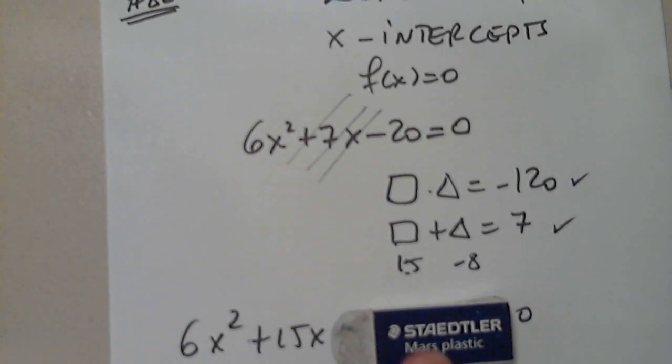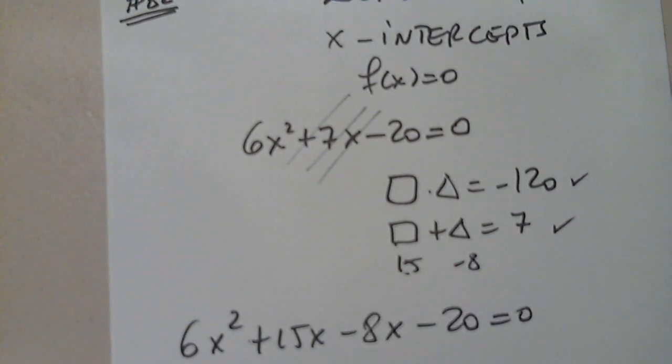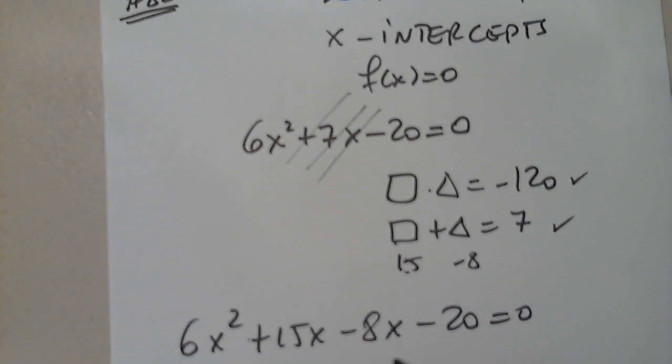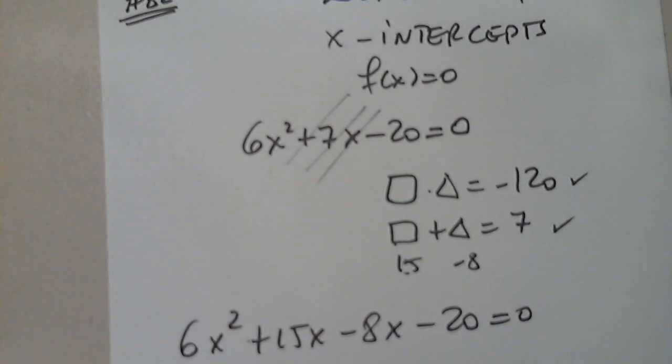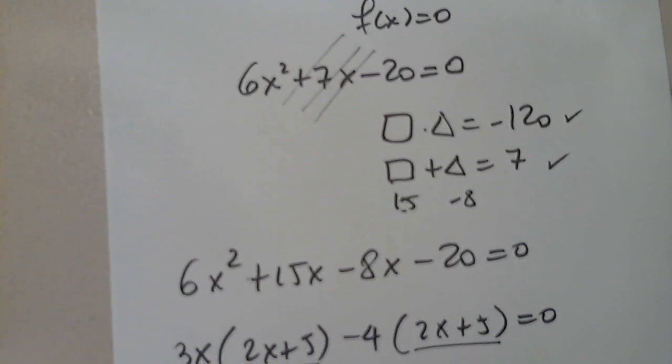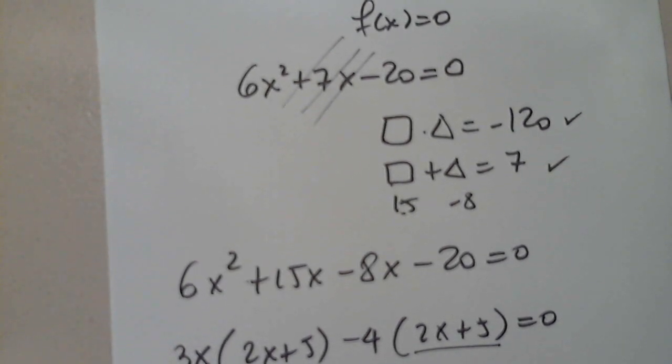I write it before I even look, so I'm not tempted to write something else. Now I look, and I see that a negative 4 is all I need. Negative 4 times 2x, negative 4 times 5. Now this becomes indeed the common factor, which is 2x plus 5, and 3x minus 4, as we worked on in a couple of examples already.